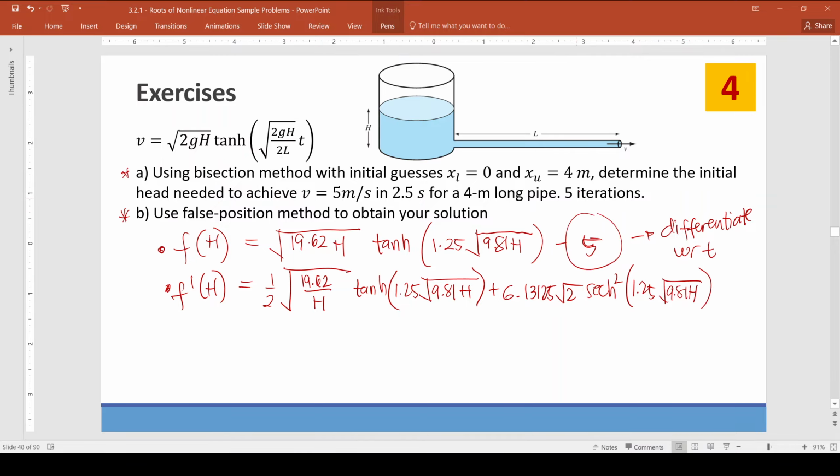And then the derivative of 5 is just 0. Derivative of any constant is equal to 0. And we now have the equations that we're going to use for estimating the value of h, or the head, so that at 2.5 seconds, the velocity exiting the pipe having a length of 4 meters is 5 meters per second.